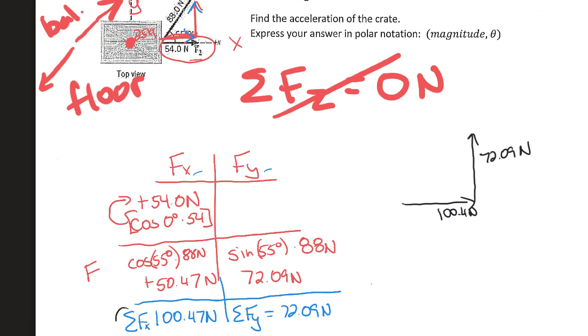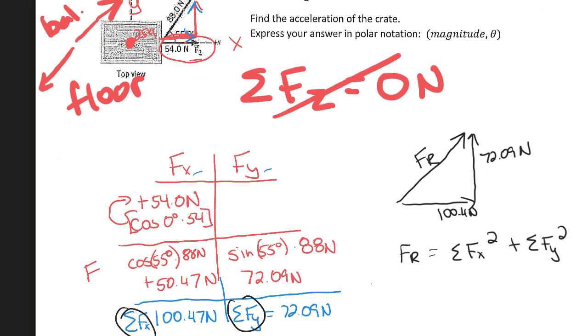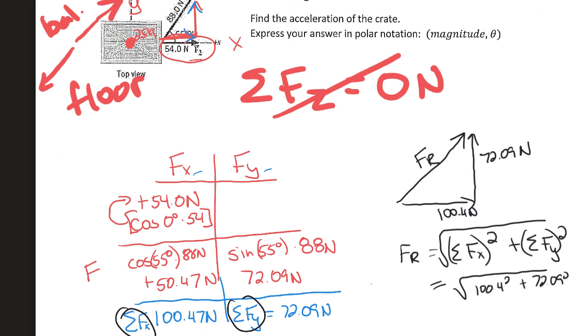Now that we have the total x and the total y, I bet you remember that the resultant force is equal to the square root of the sum of our x's squared plus the sum of our y forces squared. So we're going to take the square root of 100.4 squared plus 72.09 squared.